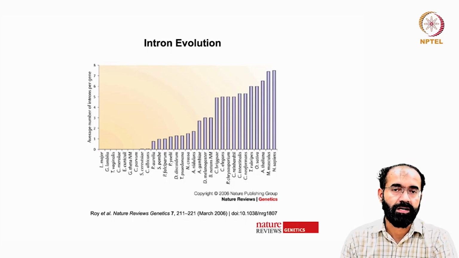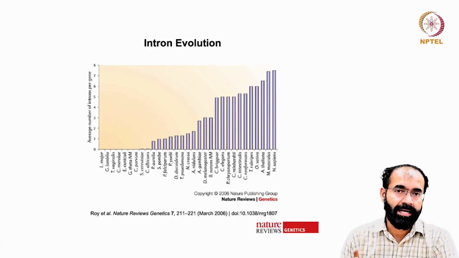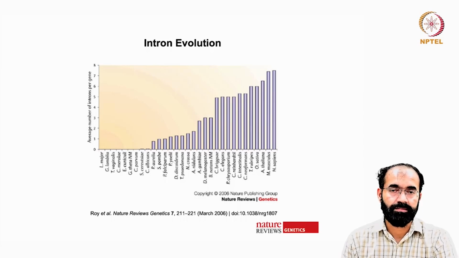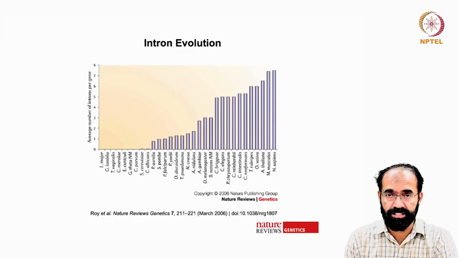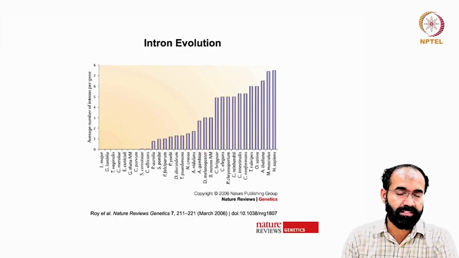You are looking at the total number of introns divided by the total number of genes. Say the total number of introns is 10,000, divided by the total number of genes, maybe around 15,000 or maybe 8,000, 9,000, something like that. I am just giving a crude example.